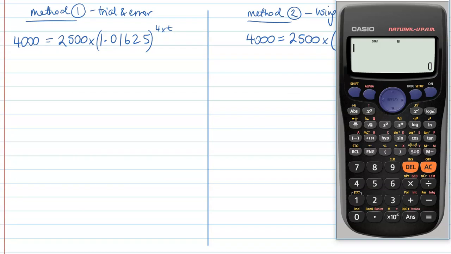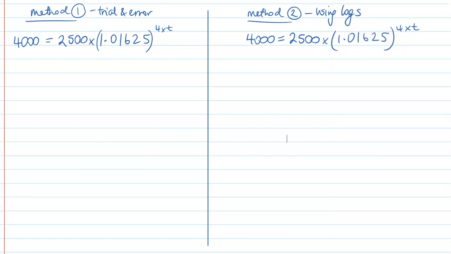Using the first method with trial and error, essentially what we're doing is we're trying to substitute values in for t in order to get our right-hand side to agree with our left-hand side.